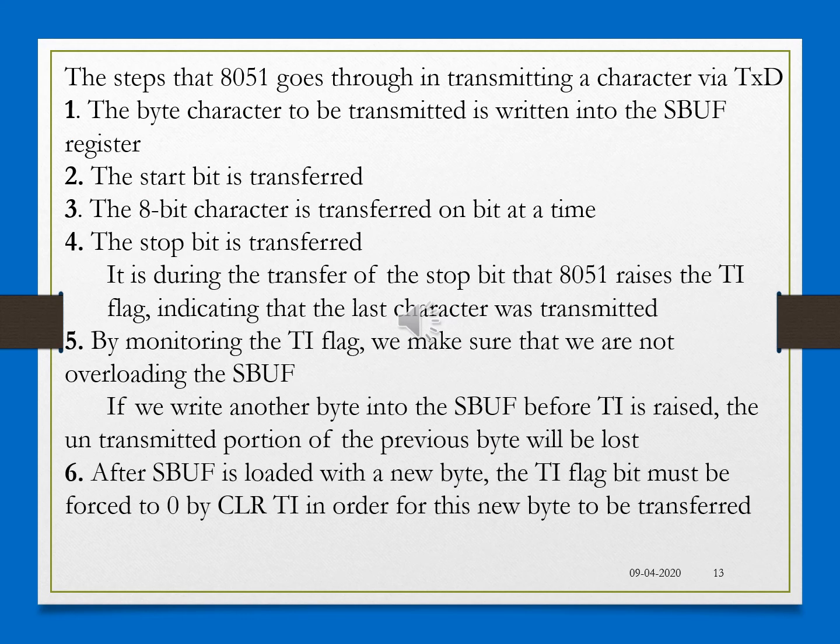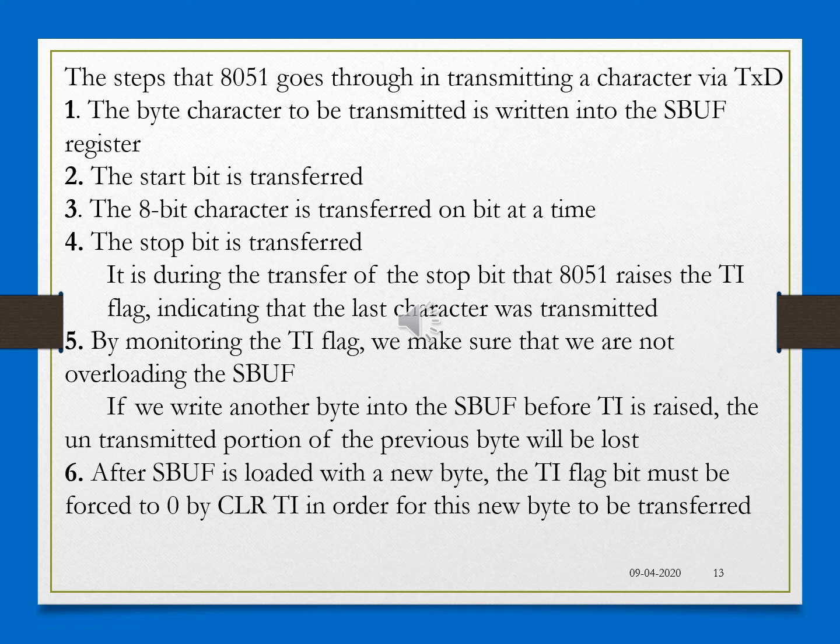What I explained in the previous slide is shown here: the steps that the 8051 goes through in transmitting a character via the TXD line. First, the byte of the character to be transmitted is written into the SBUF register. Second, the start bit is transferred, followed by the third step, the 8-bit character transferred one bit at a time. Fourth, the stop bit is transferred.